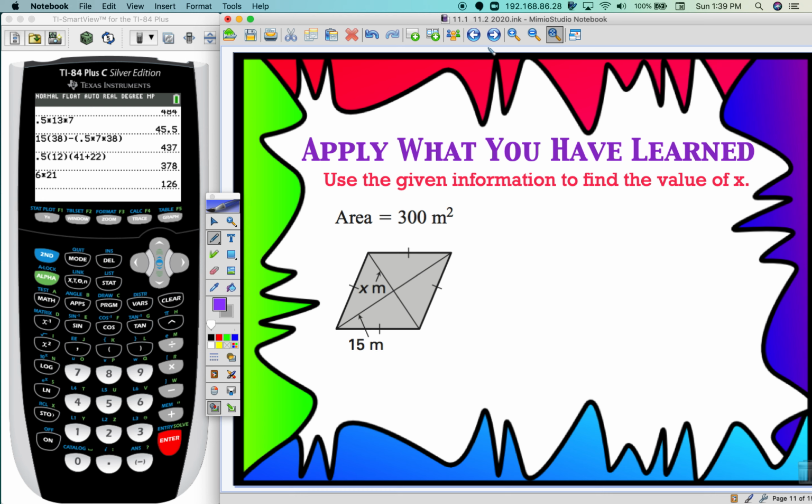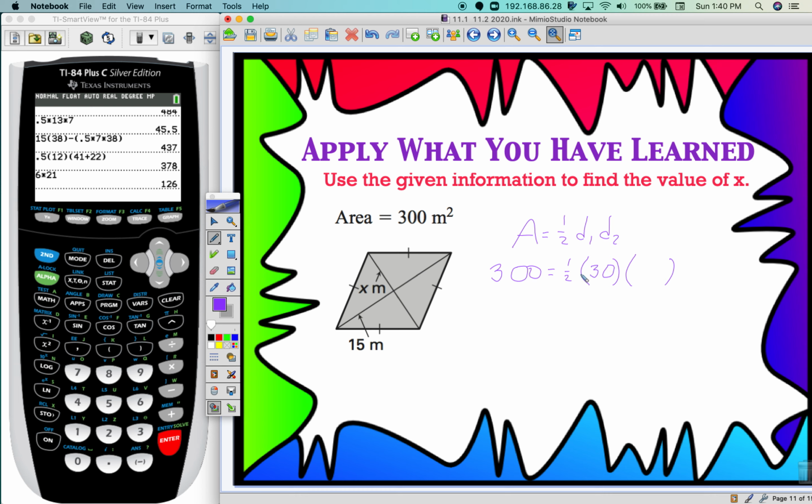All right, sometimes you'll know the area and you just work backwards to find another part of the shape. And again, this shape, according to all those congruent marks, of course, is a rhombus. All right, here we go. 1/2, one diagonal times the other. But you already know the area is 300. And you know that one diagonal is 15 plus 15.